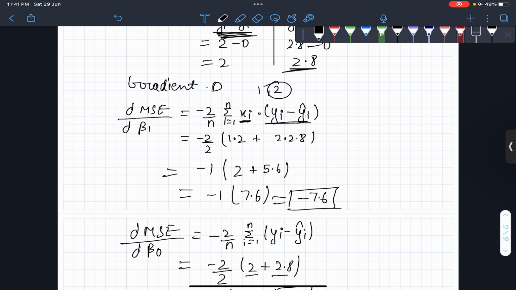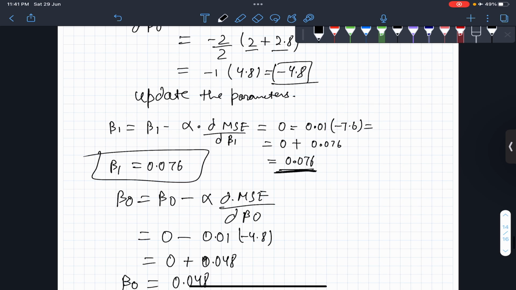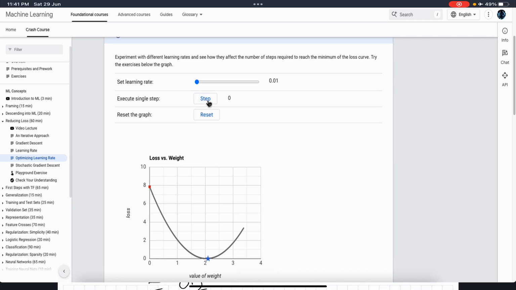See, the learning rate is a hyperparameter, which if we change, then the result will change. What do you think, if we had used 1 instead of 0.01?